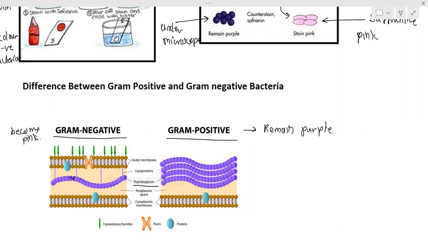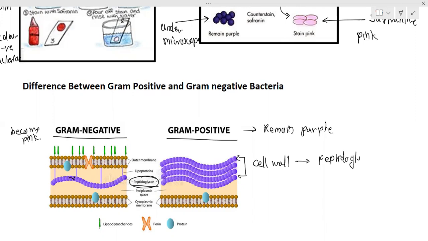Pink loses its color. In gram positive bacteria, as you see, this is the cell wall. And remember, in bacteria, the cell wall is made up of peptidoglycan. Remember this chemical name? Peptidoglycan.